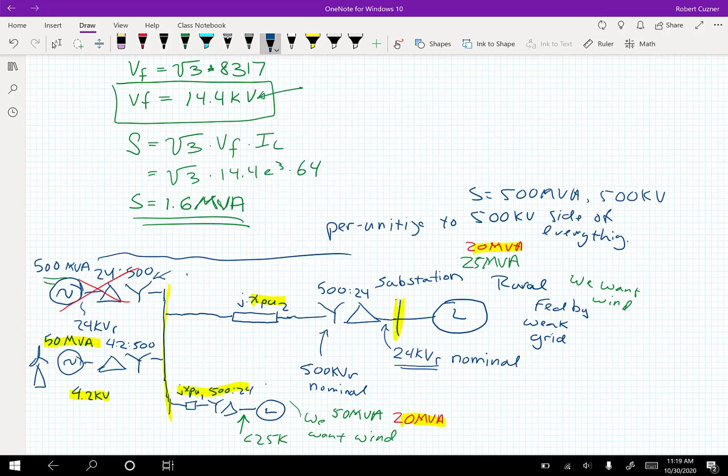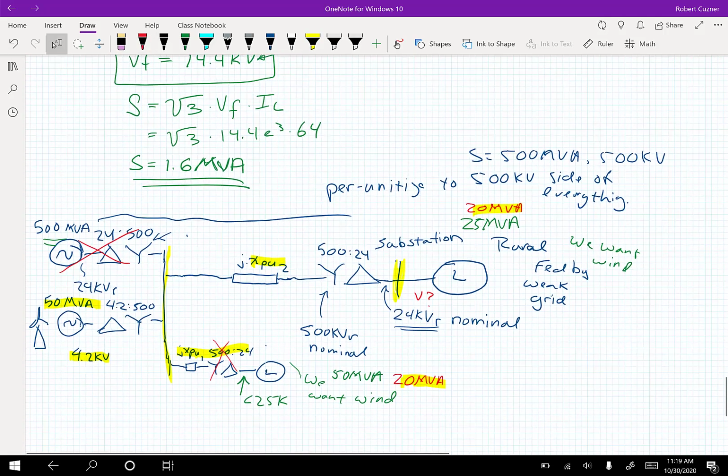But let's just say you're not even worrying about this guy, and the thing that you want to know is the voltage here. So this is working it from the other end. I just want to show you an example. All these problems do not get worked from load to source. They could be going the other direction.